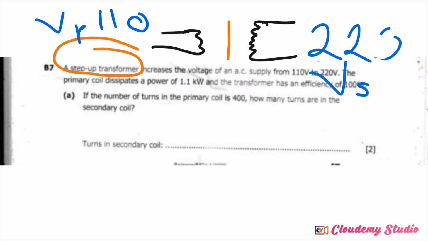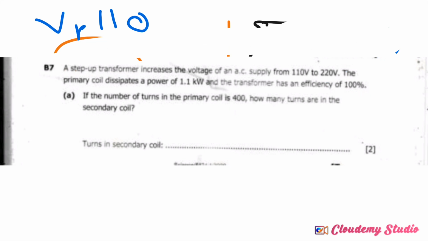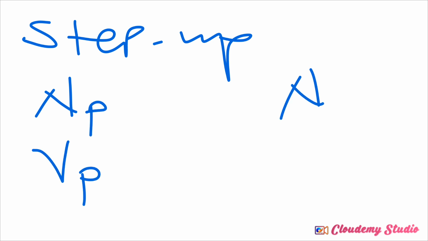Let me use a special paper for data collection to avoid dirt. According to the statement, it is a step-up transformer, so we will record the number of turns and the voltage in the primary, and the number of turns and the voltage in the secondary.